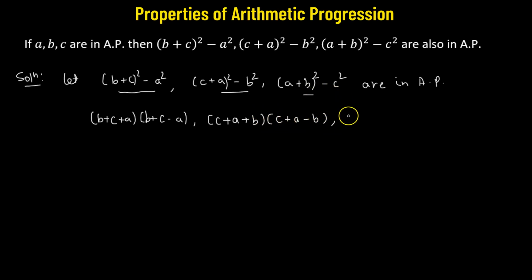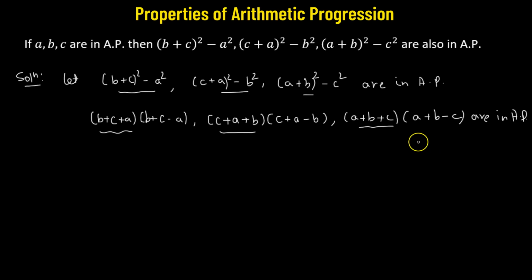Then our third expression is (a plus b plus c) multiplied to (a plus b minus c). So this is also in AP. Now we can see that there is a common term, a plus b plus c, present in each of the three terms.